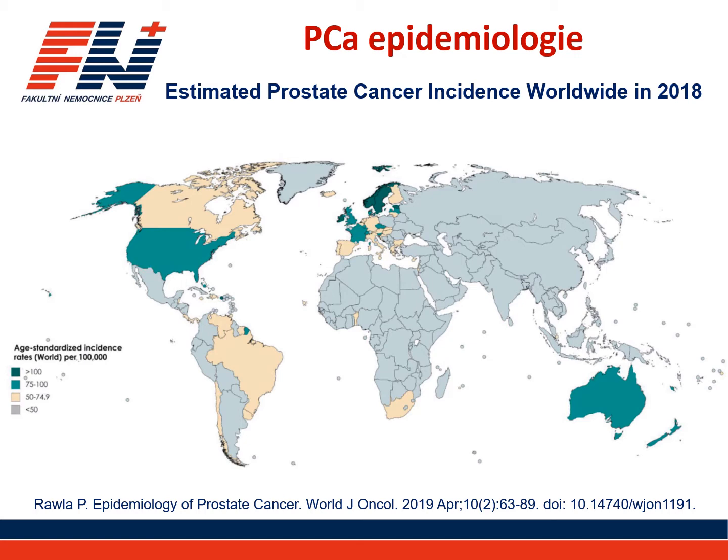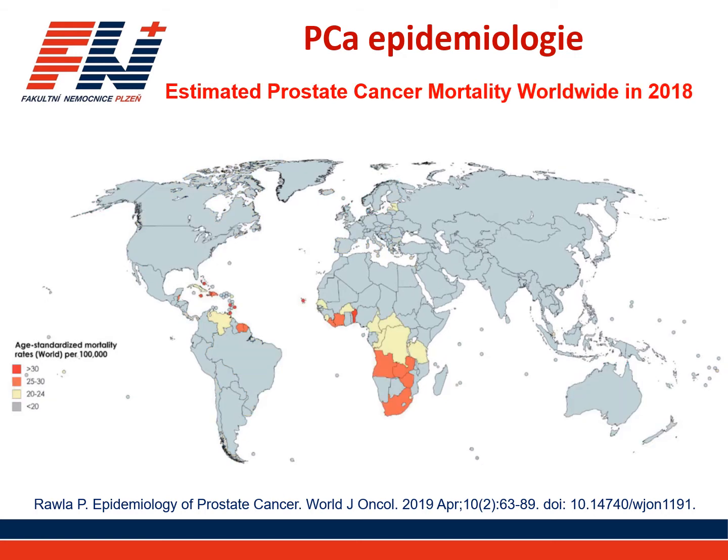As you can see, the highest incidence is in developed countries. If we compare this map with mortality, you can see that incidence and mortality don't correlate. The explanation is very easy. It is about level of diagnostics, about advanced healthcare.